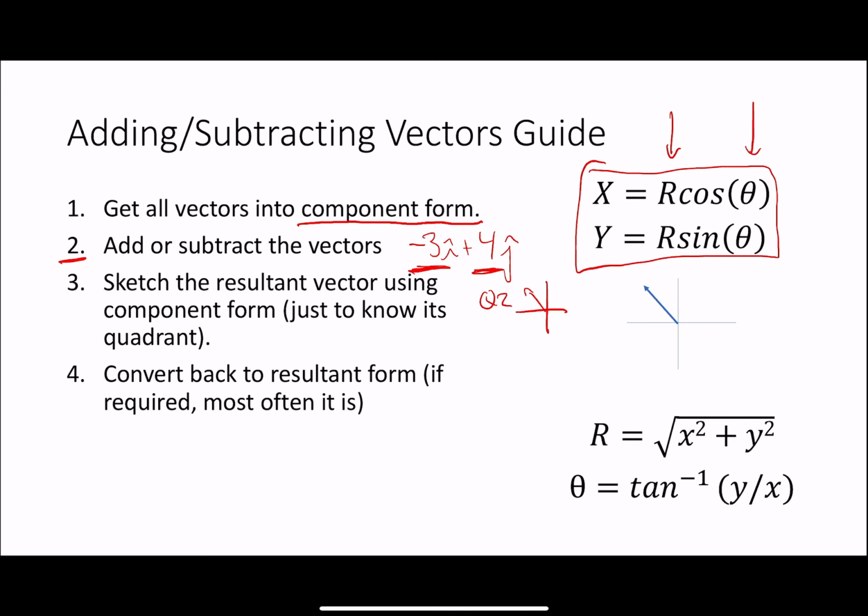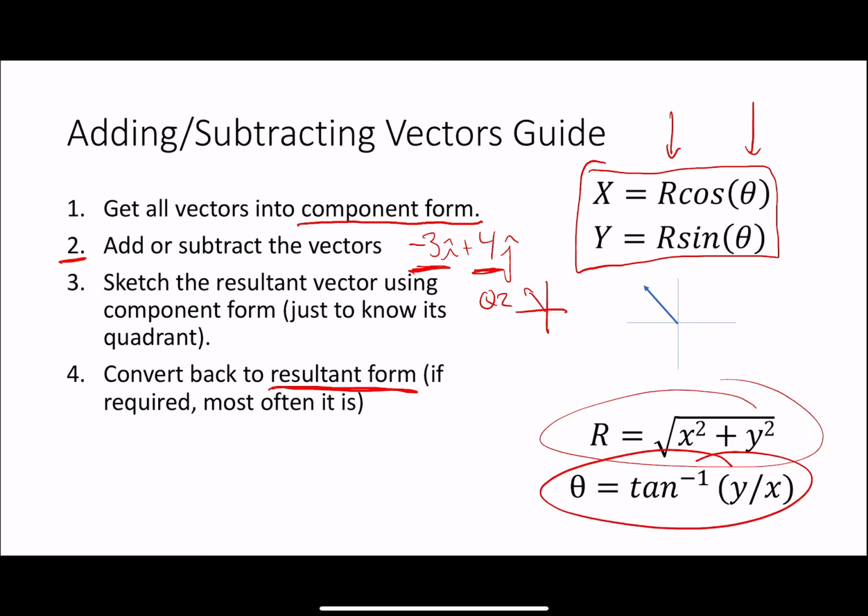Then you can go ahead and convert back to resultant form once you have your sketch. Go ahead and use this equation, get your r, and then use this equation to get your theta. And this is the reason we sketched it, because remember, we need to determine the quadrant.